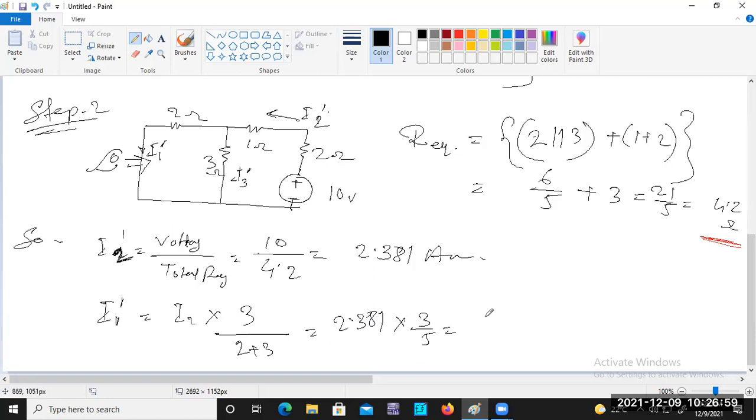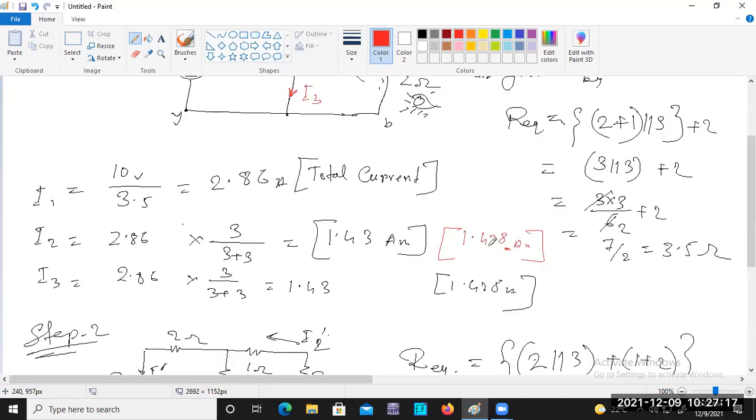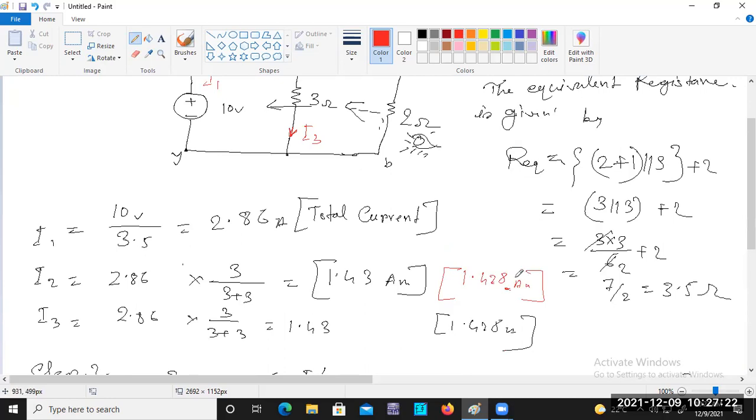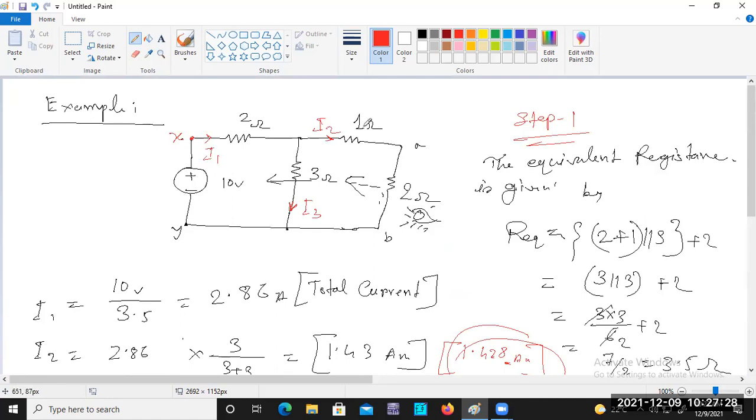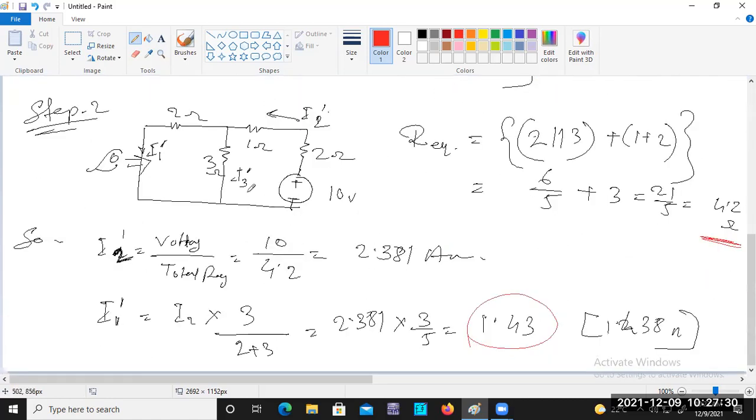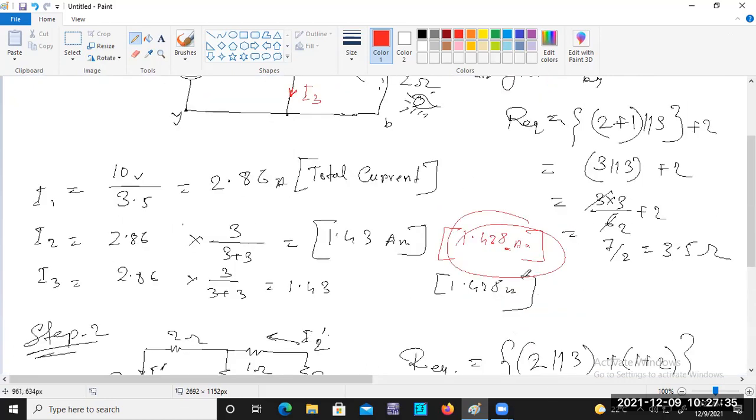You can calculate it will be 1.428 ampere. You can see this current, I2 dashed, and the I2 current are the same. Where the source is there when it was divided, and where this source is there when it was divided, the current is identical.